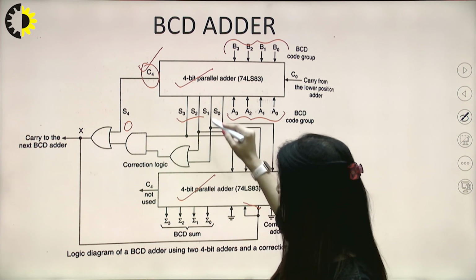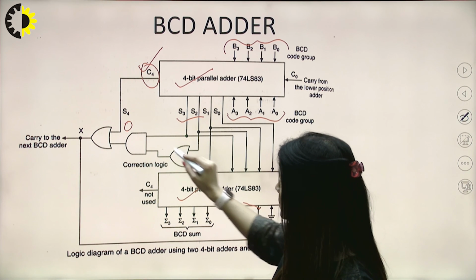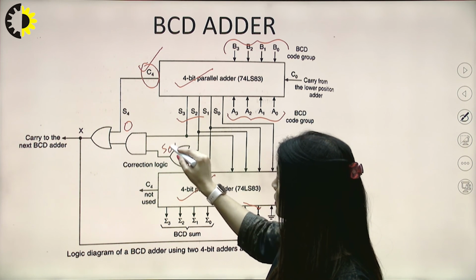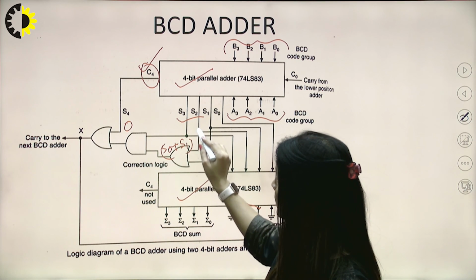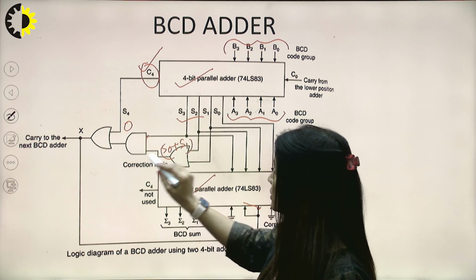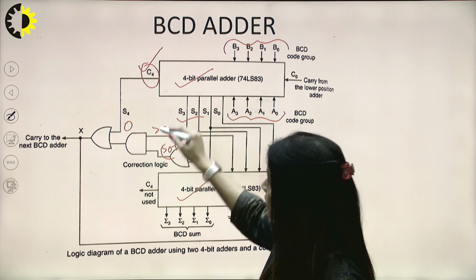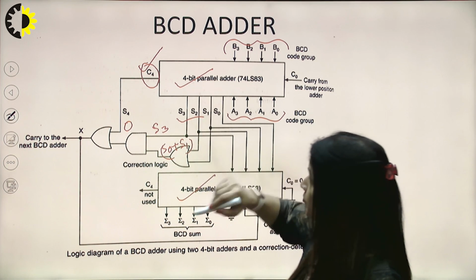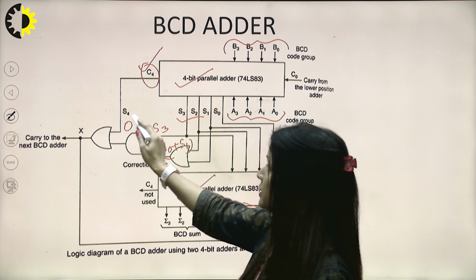this output will be given by S0 into S1. See here, this is S0 plus S1, the OR, and then multiplication. This is the corrective logic we have designed, that this is S3 into (S0 plus S1) plus this S4.